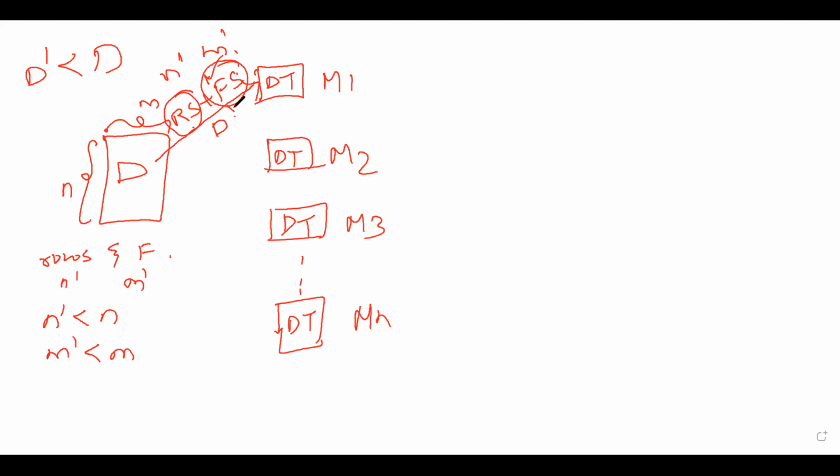Always remember that we take some number of rows and some number of features and give them to a decision tree. Here we have decision tree 1, 2, 3, and so on, up to n. We give the first sample data set to decision tree 1, and it gets trained on the sample data.